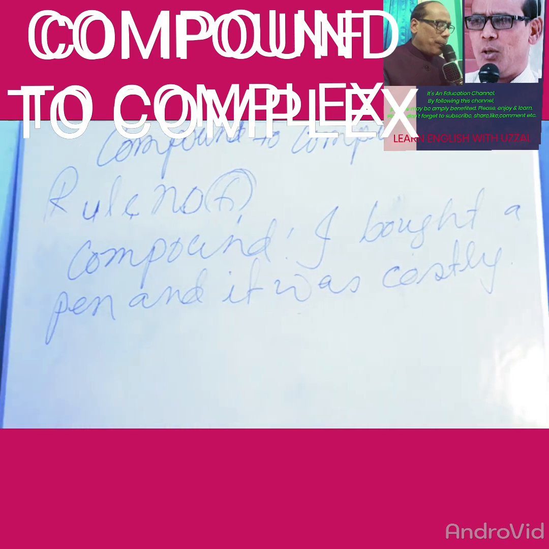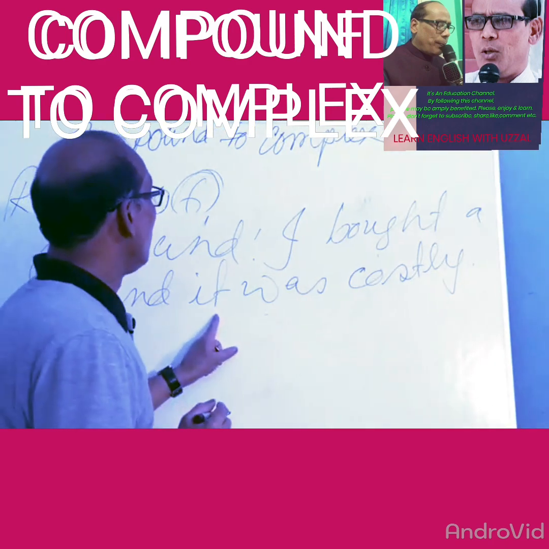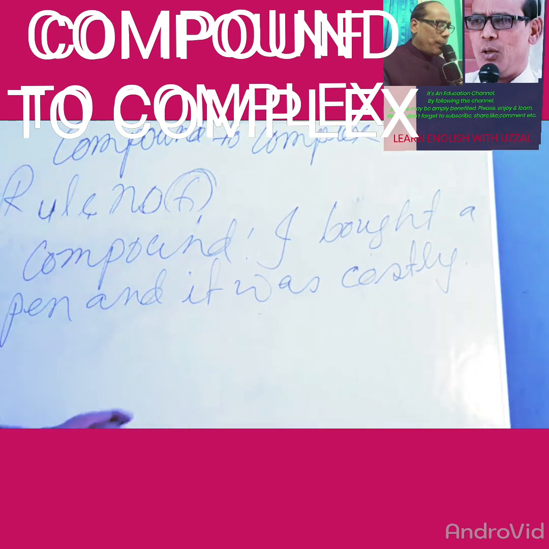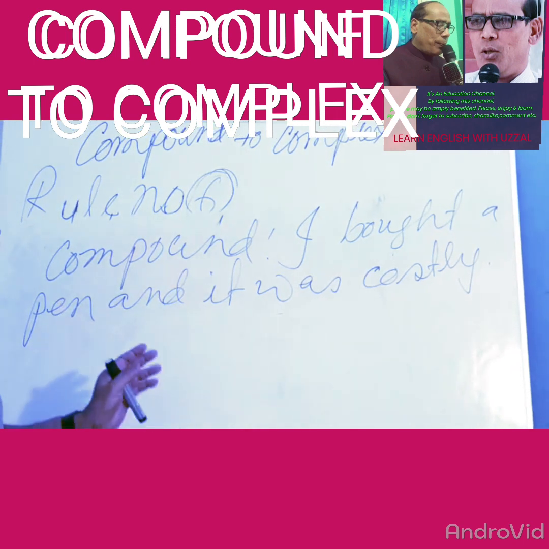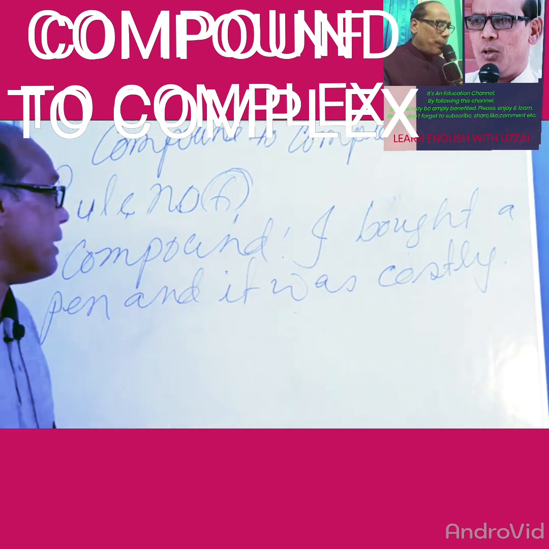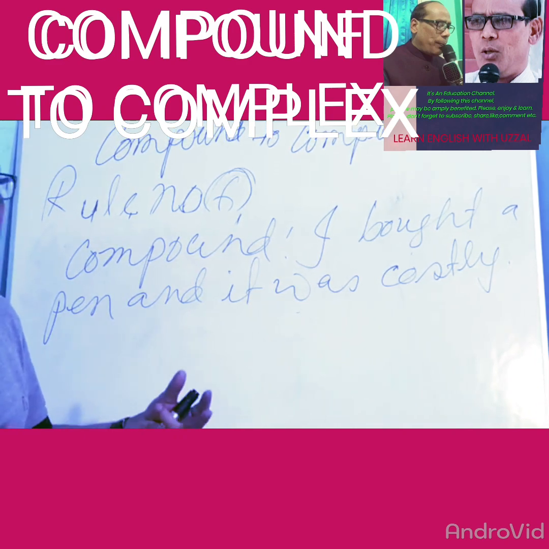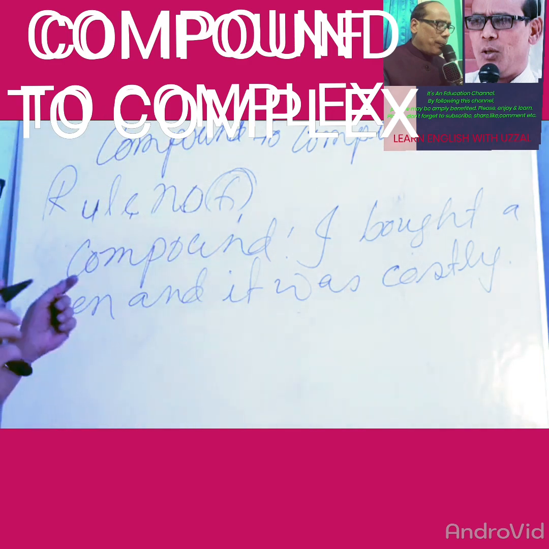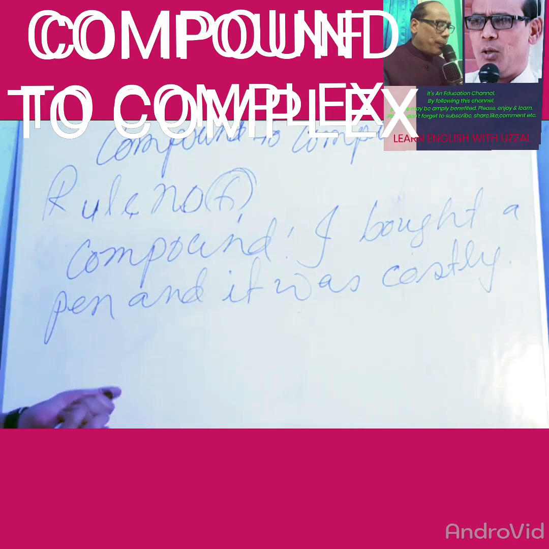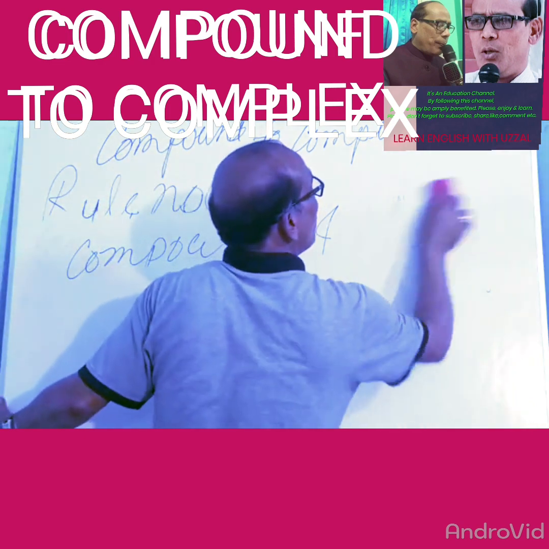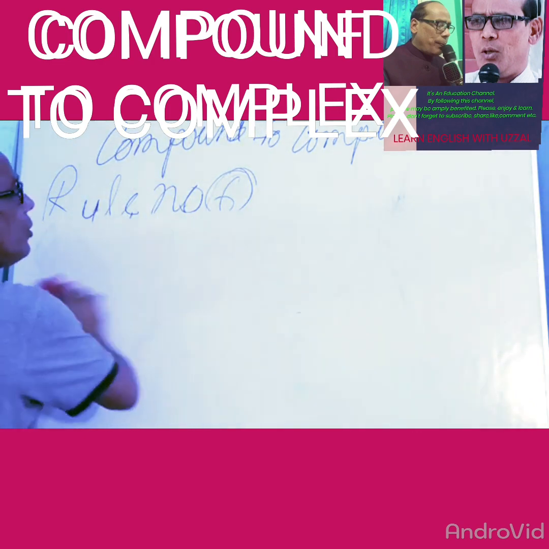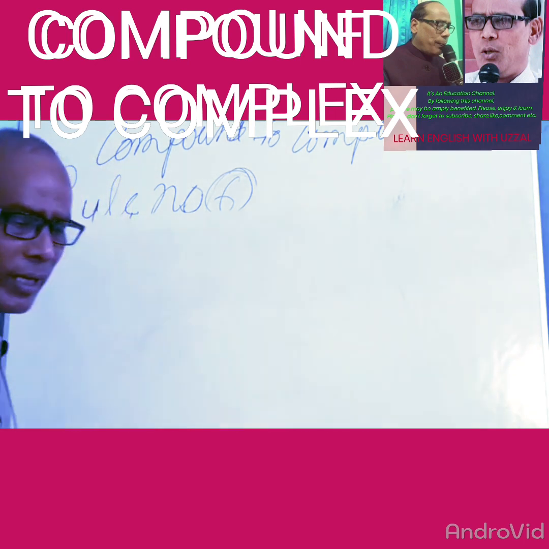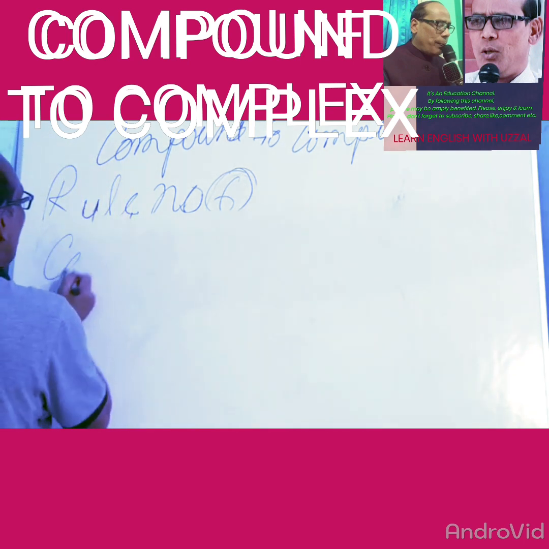A pen is the object here, and "it" is the subject of the second clause. We know we use the pronoun "it" in the case of any inanimate thing. So here "it" and "a pen" indicate the same thing. So think, what type of relative pronoun should we use? Yes, right, you are. We will use "which".